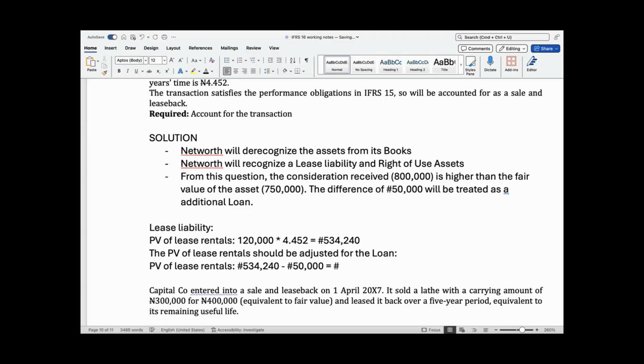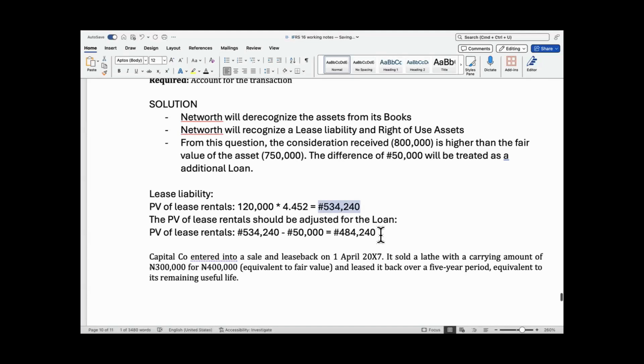So if I deduct 50,000 from this, the actual PV of lease rental is 484,240. That's what I was saying, that whatever PV of lease rentals you get, you need to separate the loan element from it. Otherwise, it will affect your calculation.